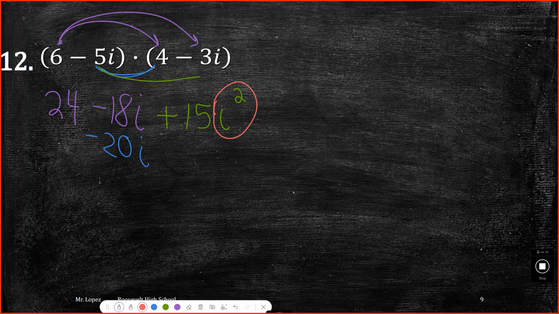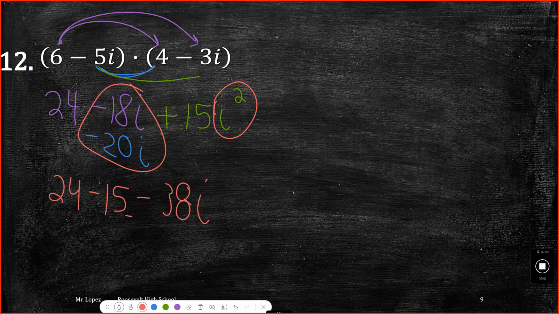So then 24 minus 15. That's the way I do it. If you want to go step by step, go ahead. But it would be 24 minus 15, and then this is going to be negative 38i. So you could have just done this: 9 minus 38i.